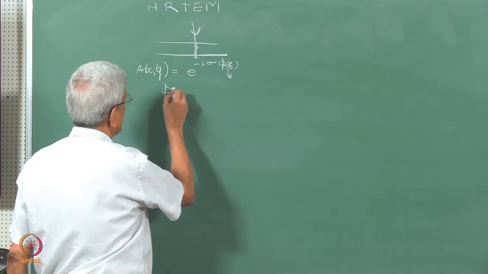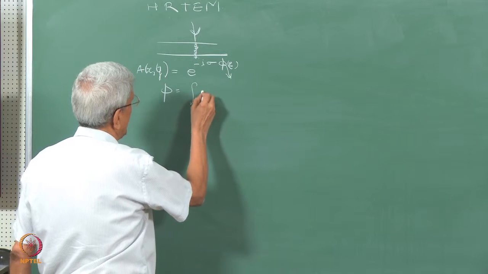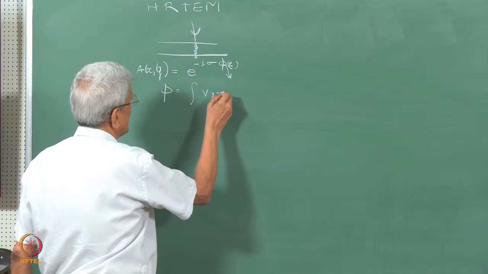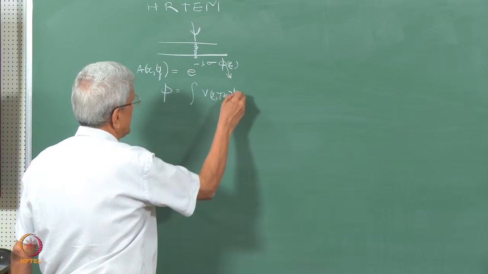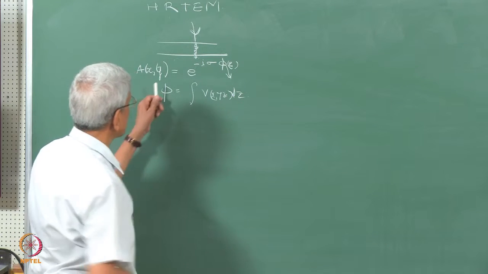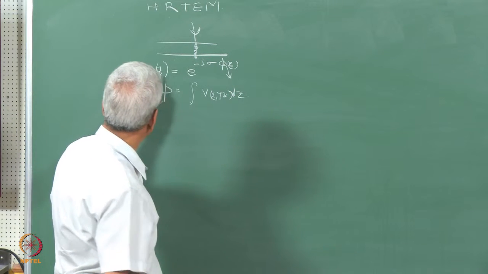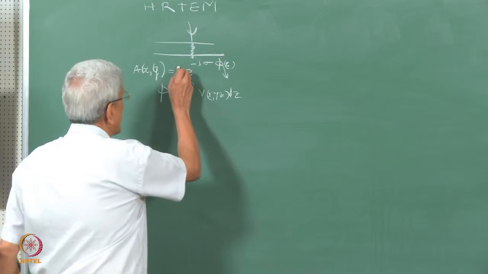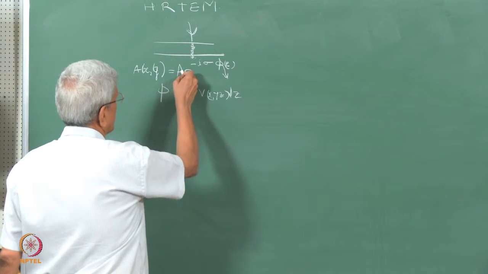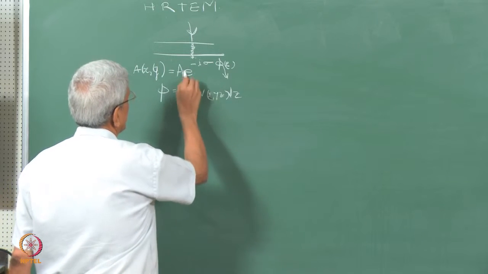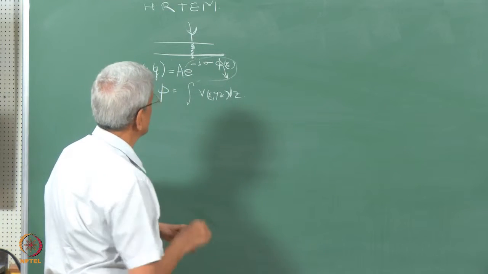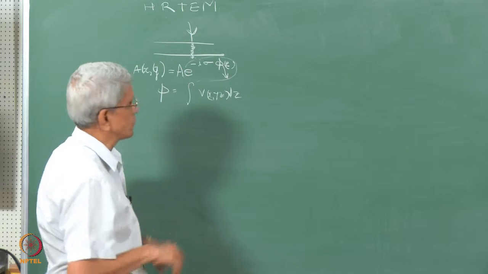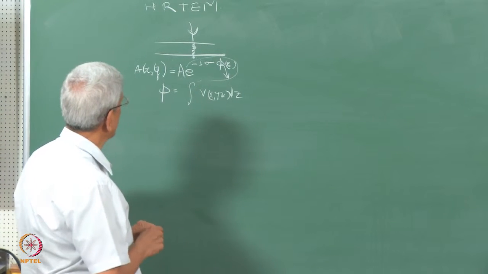We wrote phi equal to the integral of V(x, y, z) dz. So, essentially we consider this as a phase object. Some amplitude factor will come into the picture, but we assume that it remains constant. Essentially the phase of the incident wave is getting modified as it passes through the sample.